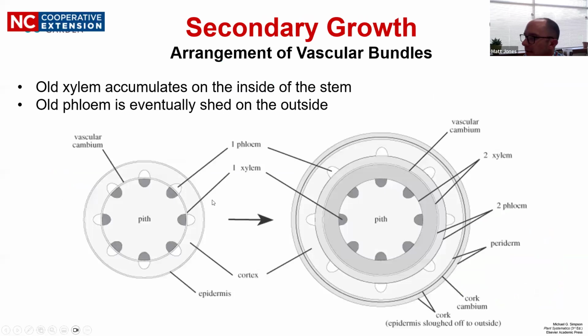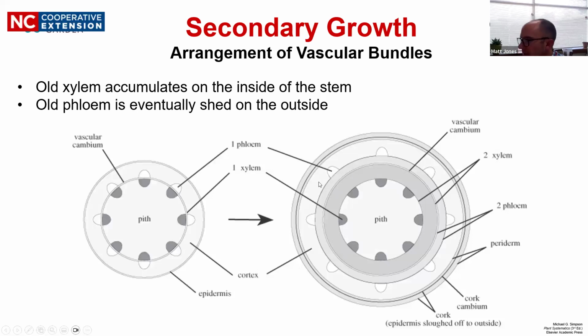The result is, as those cells continue to divide, the overall girth of the stem increases, and that is called secondary growth. So old xylem, especially in woody plants, will keep accumulating towards the center, and then younger xylem will be formed towards the outside.